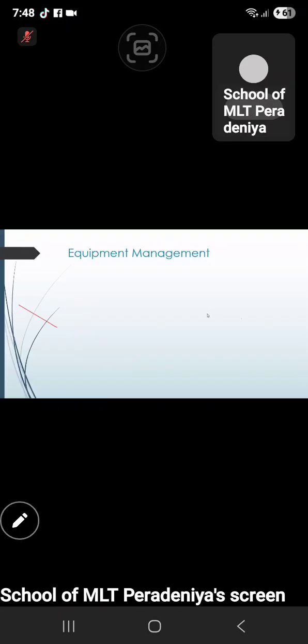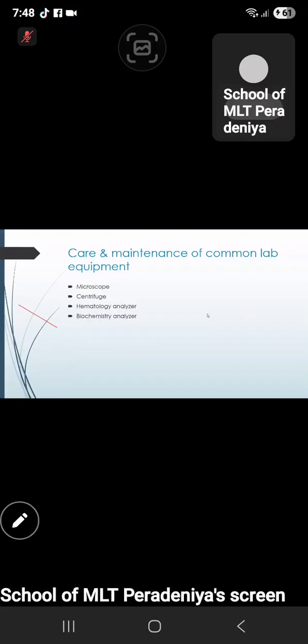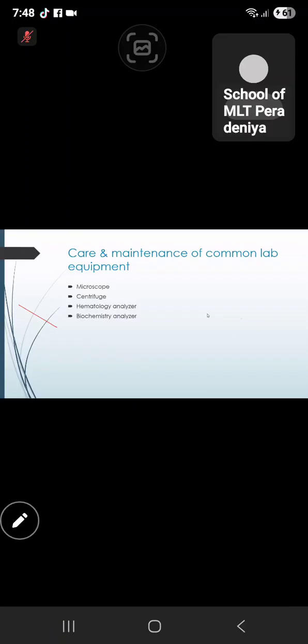Right, we'll go to the next part, equipment management. Under equipment management, we will go through a few equipments: microscope, centrifuge, hematology analyzer, and biochemistry analyzer. Right.